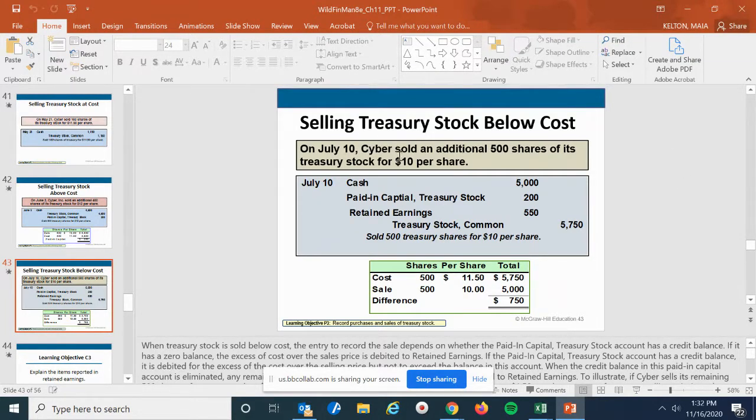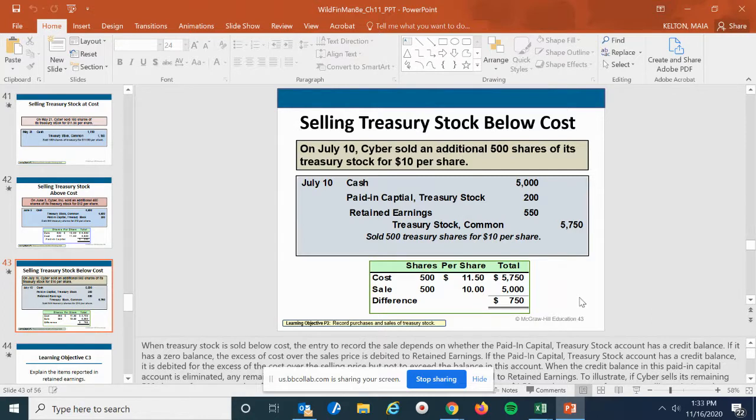So the first thing we need to look at is how much are they selling it for? They're selling it for $10 per share. We know that they're selling it below cost because the original price of those treasury stocks was $11.50.